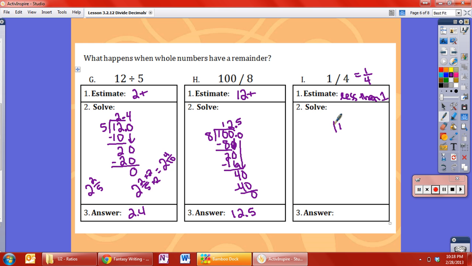This is 1 divided by 4 because even though this number might be smaller, the first number always goes in the house. 4 doesn't go into 1, so I have to add a decimal. 4 does go into 10, goes in twice, which is 2 times 4 is 8. 2 left over, add another 0. 4 goes into 20 5 times. And 4 times 5 is 20, so it's exact, and I can stop. So it's 0.25. And 25%, 25 hundredths, and 1/4 are all the same. So that's where that comes from.